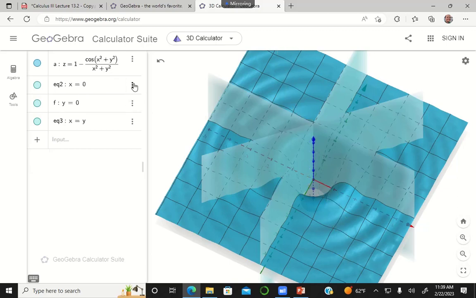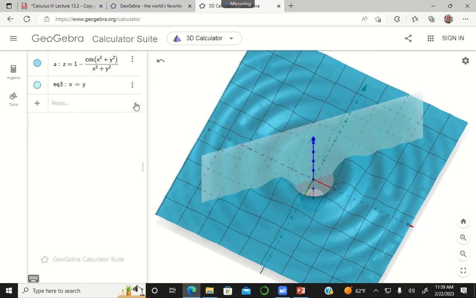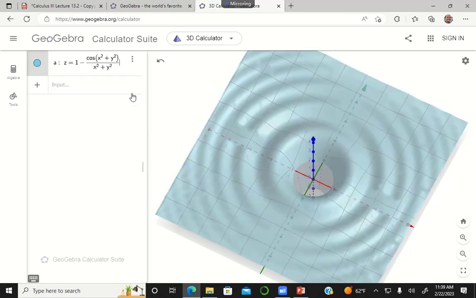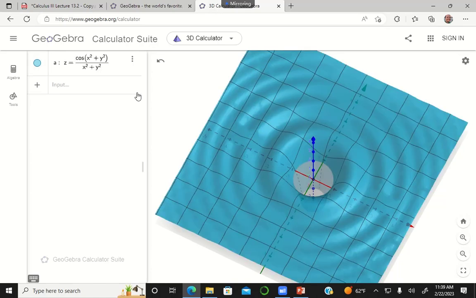So let me plot this function that we've been dealing with here. So the numerator should just be x times y.